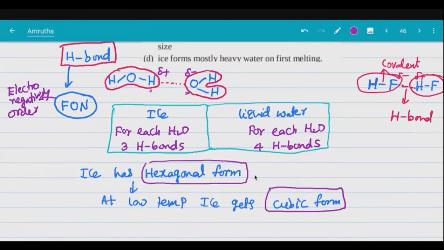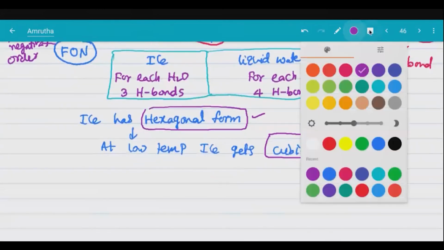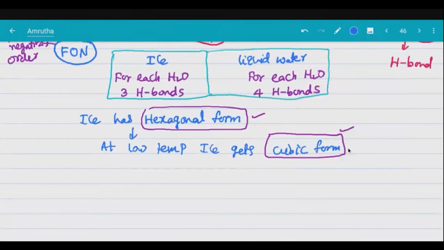Okay, so now listen carefully. Why am I discussing all this? Because for all substances, any element or compound, comparing solids and liquids, the density of solids is usually more than the density of liquids.